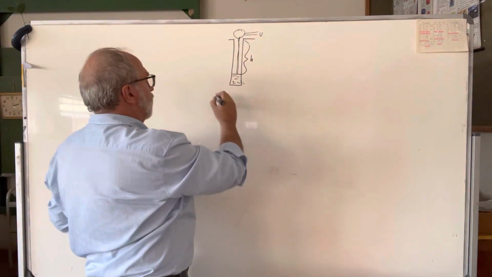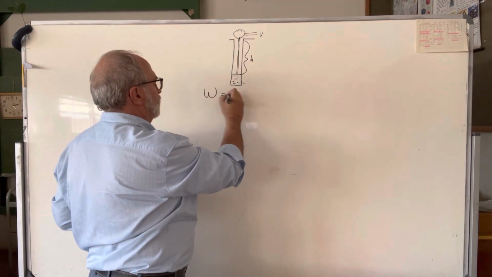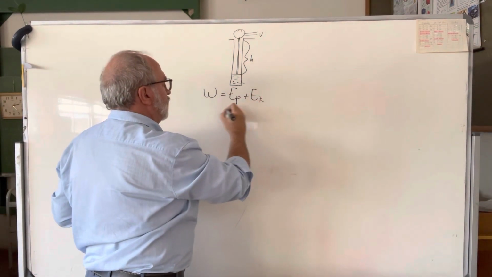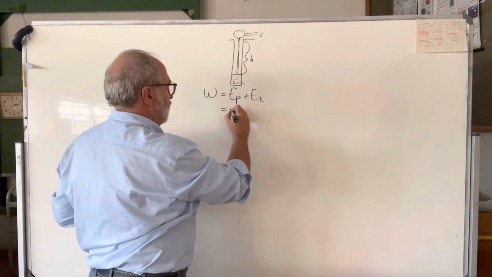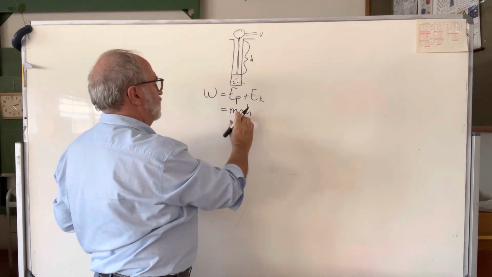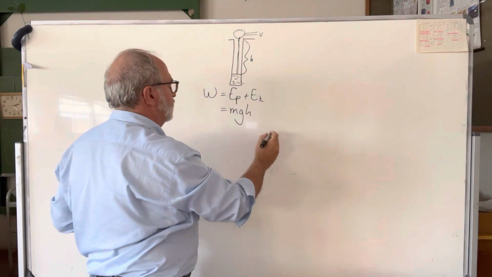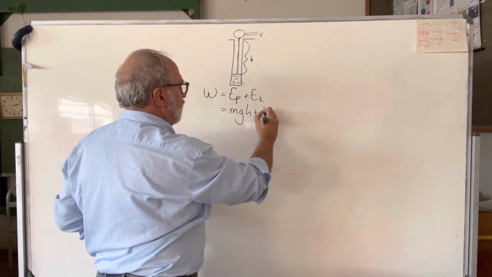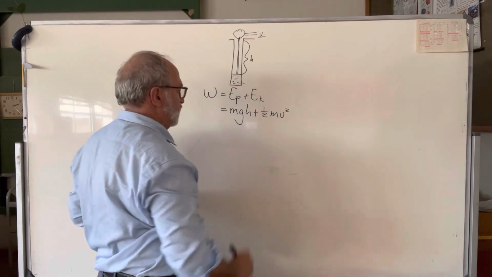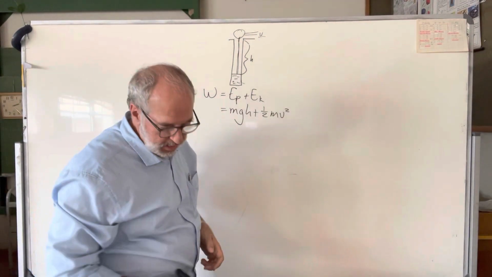So ons gebruik ons vergelyking, die arbeid verrig is like 'n EP plus EK. En die EP hier is dan die mgh van die water, die m die massa maal die, so dis die krag maal die afstand, plus half mv squared, which is that velocity which you were to pump it.